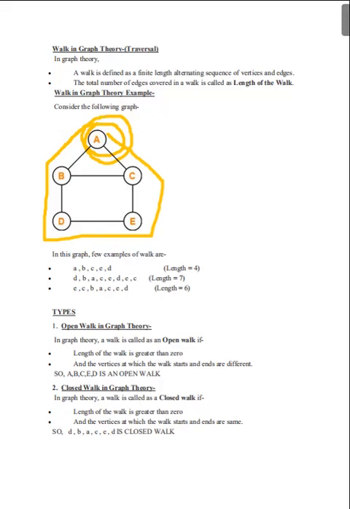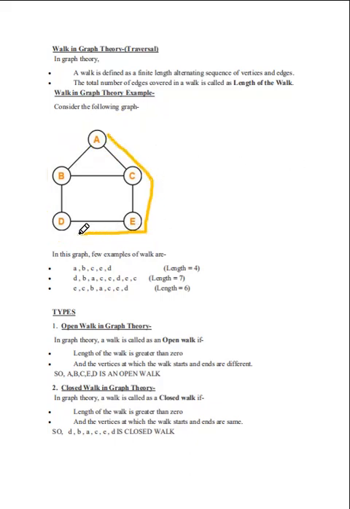But if I don't want to close, I don't want to return, and I go here only till B, it is an open walk. It is open, isn't it? Now if I go to C again, it becomes a close walk. So open and close you have to understand: open walk and close walk.